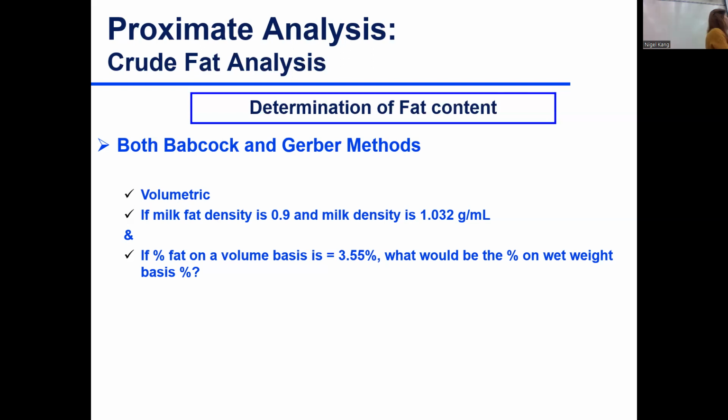So you have the density of fat, you have the density of milk, you have the volume of fat in your milk sample. Just convert it to mass in grams, and then tell the fat percentage in your sample. And again, because it's wet basis, you work based on whatever it is.